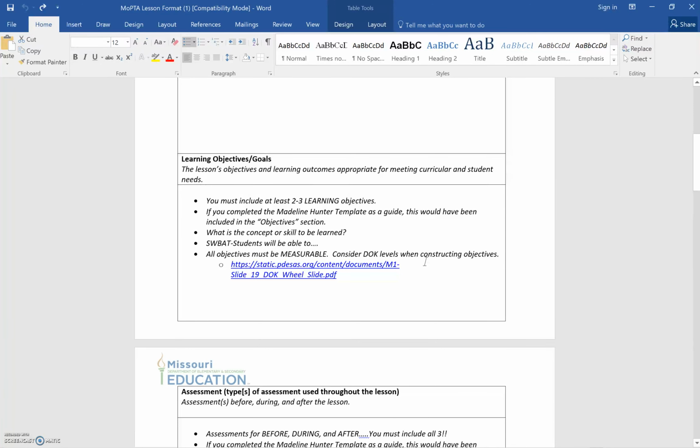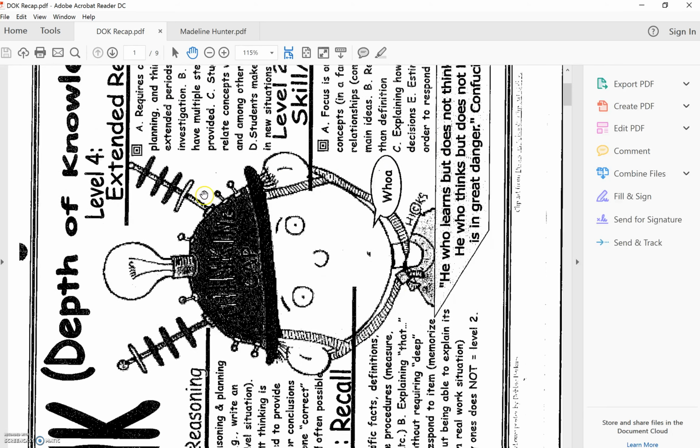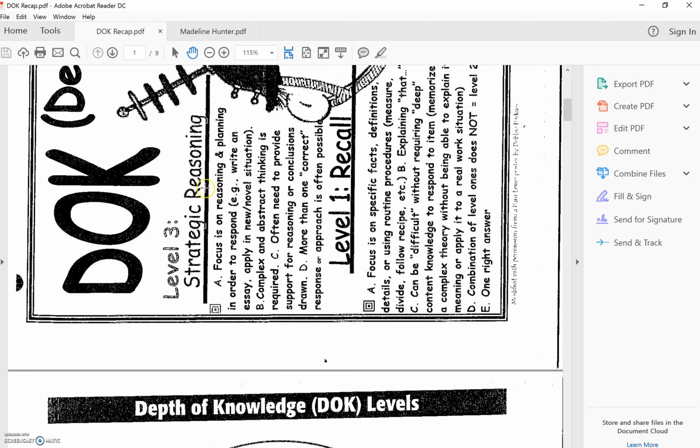By now, you probably know I'm an absolute stickler about objectives. I think weak objectives make for weak expectations, which make for weak production from your students. So I believe in having strong objectives. In this section, you need 2 to 3 learning objectives, and remember, they must start with "the students will be able to." That is a key component of writing a good objective. Make sure all of your objectives are measurable. It says here to consider your DOK levels. That's where this quick reference to the various levels of DOK, depth of knowledge, comes into play.